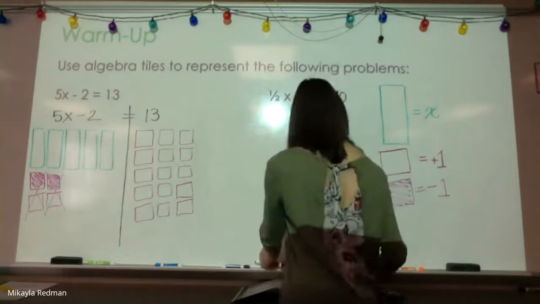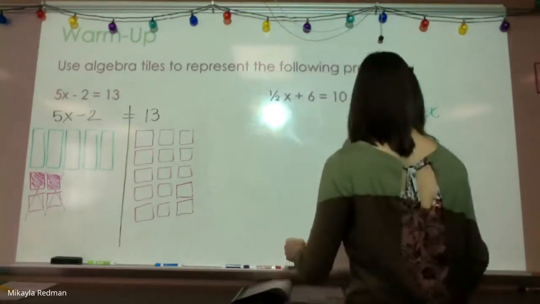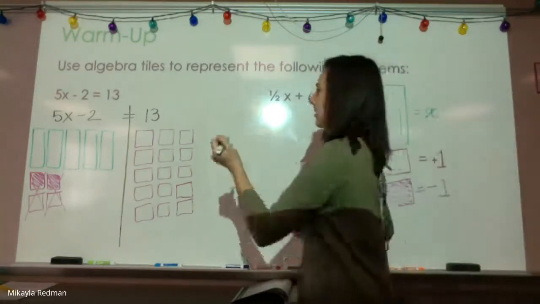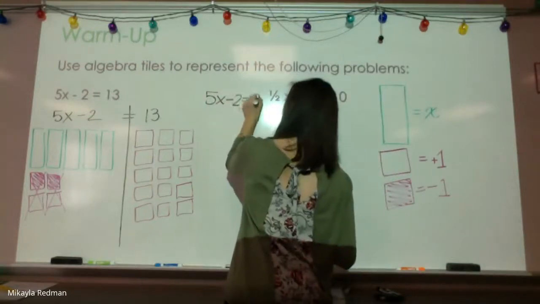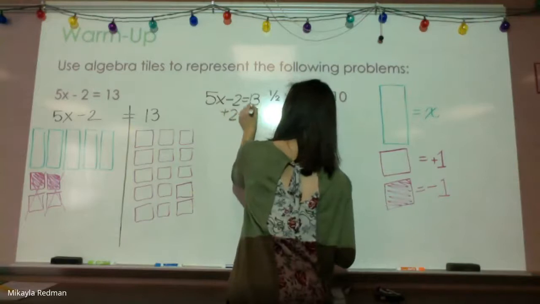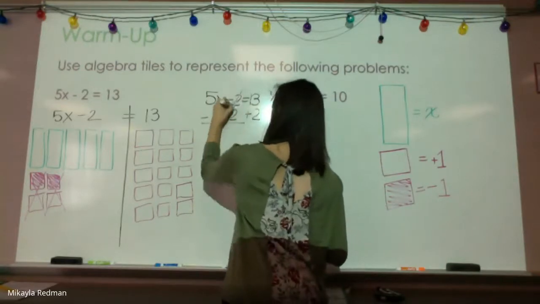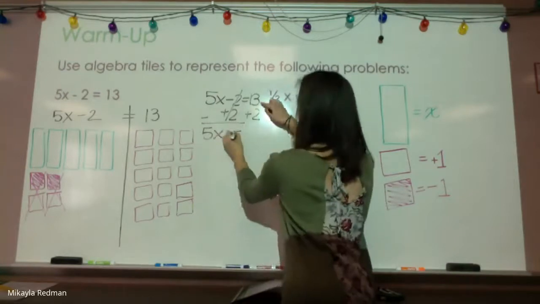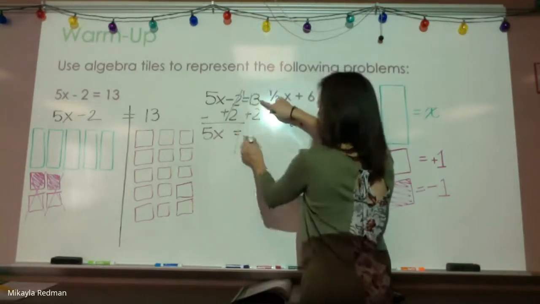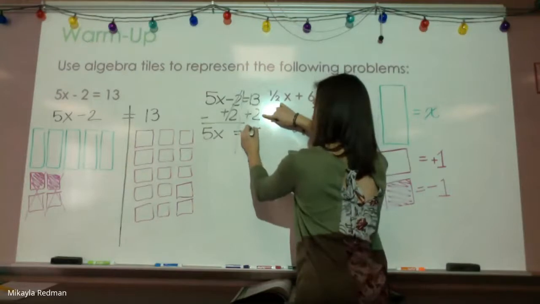And so what we've really just done to our equation is we have 5x minus 2 is equal to 13, and we just added 2 to both sides. So now those canceled, and we have 5x on this side. On this side, we have 13 plus 2, and we got 15.